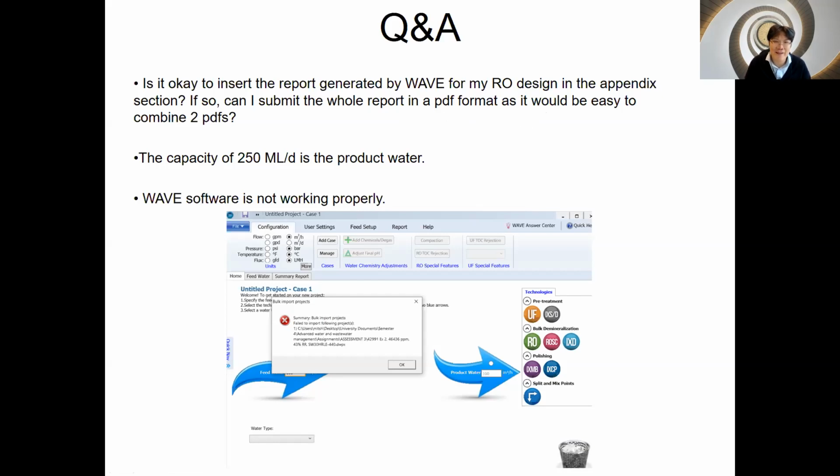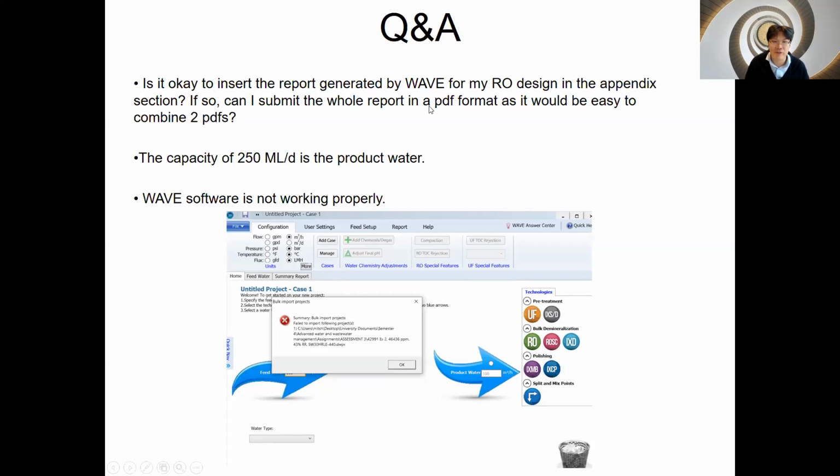Yeah, I strongly recommend that you submit in Word format, not the PDF file, because we want to make sure of your similarity check. Even though a PDF file can produce a similarity report, a PDF file can be converted to an image file. So I recommend you submit your Word file, and then your RO design from WAVE.